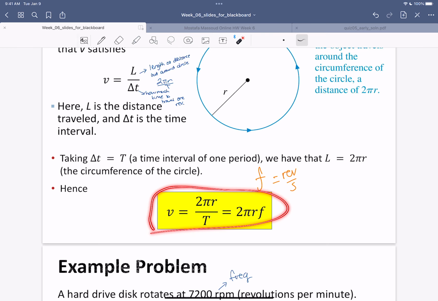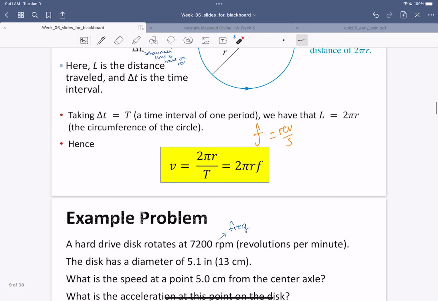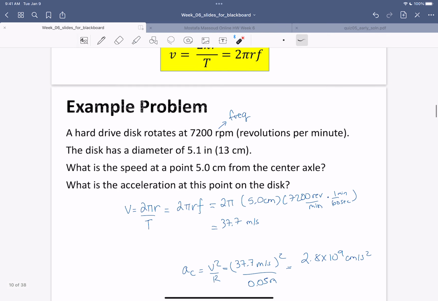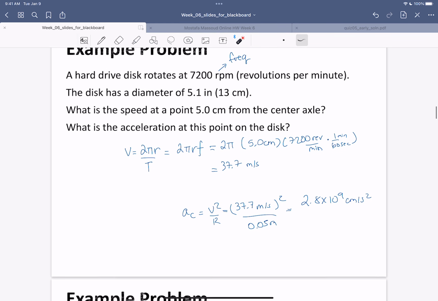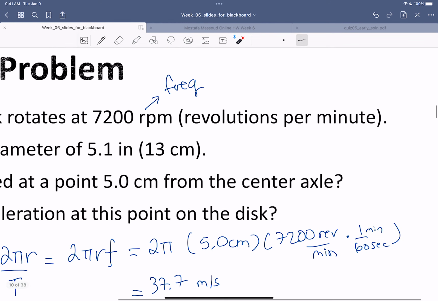So this is the setup for figuring out speed relative to the circular information that we have, like our circumference and the period. Once again, this is an example problem. A really important part of this unit is identifying what units mean what.